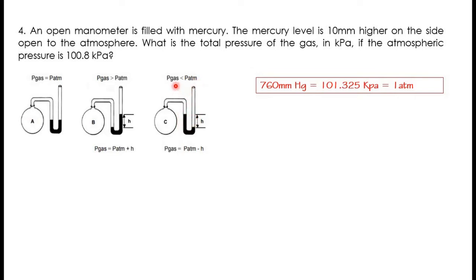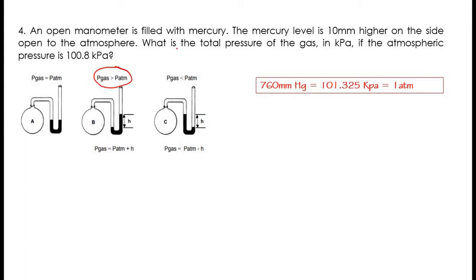So if this is the case, the pressure of the gas is smaller than the atmospheric pressure. So in our problem, it says that the mercury level is 10 millimeter higher on the side open to the atmosphere. So we are on this case.